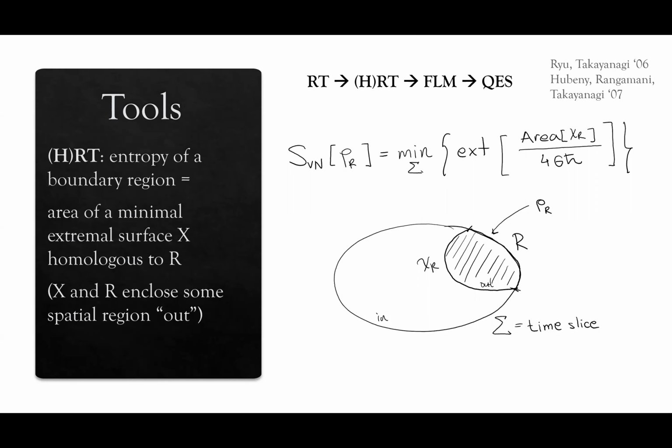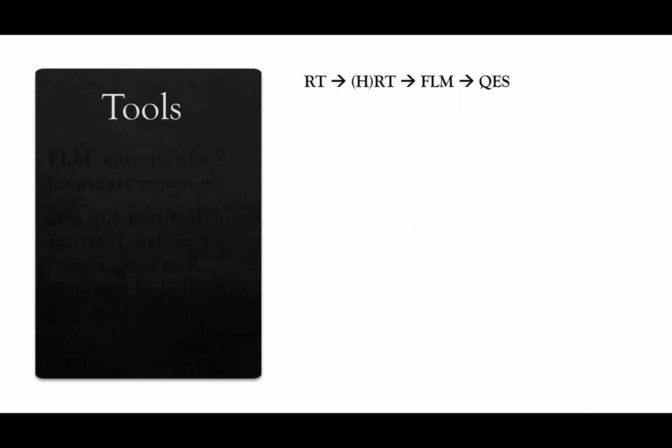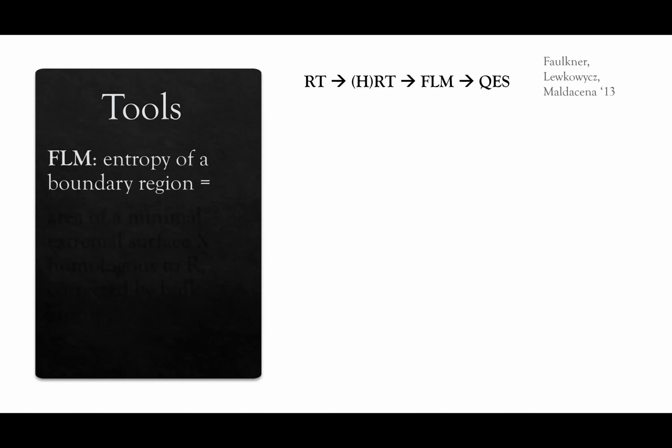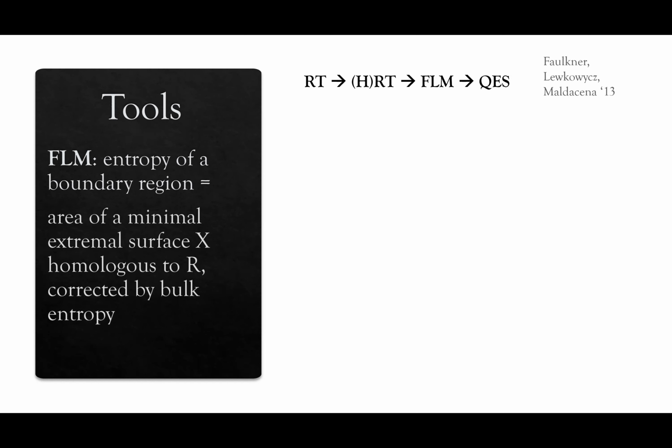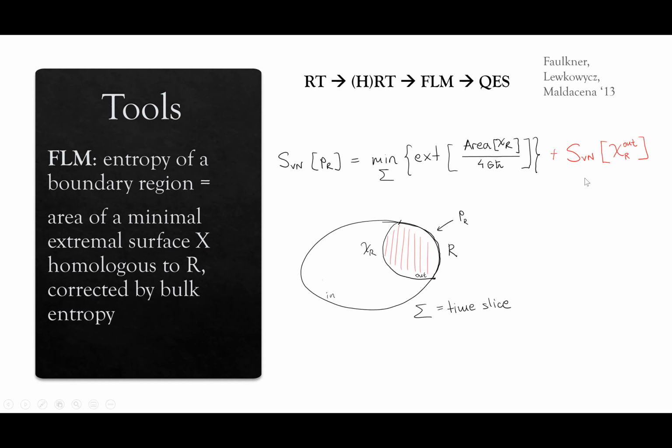The bulk is purely classical, and so you might wonder would there be any changes if we add quantum effects to the story? And that was subsequently done by Faulkner, Lewkowycz, and Maldacena, where they added basically the first order corrections to the surface, taking the same surface and then just adding to it the bulk entanglement entropy, which I have here denoted with this color coding.